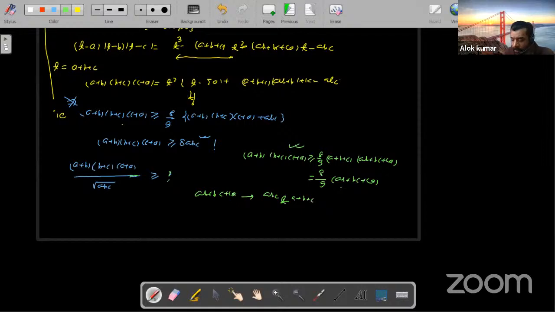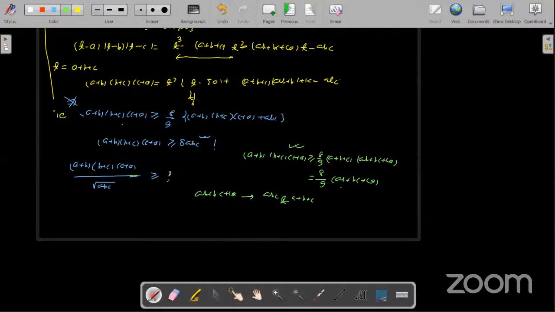Maybe it will have a way of cropping up. Do I know something that relates AB plus BC plus CA on one side and the product ABC, and possibly A plus B plus C, on the other side? Why A plus B plus C? Because I know there is a famous inequality here.